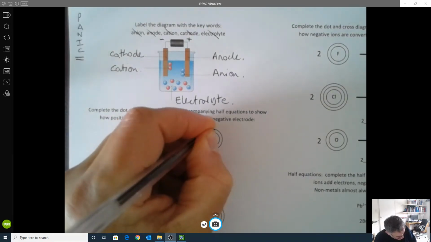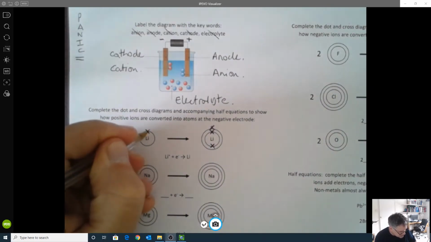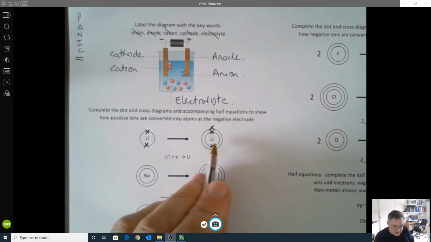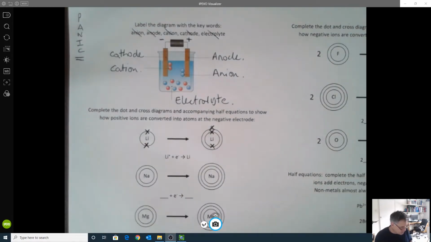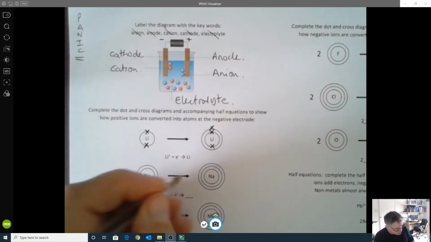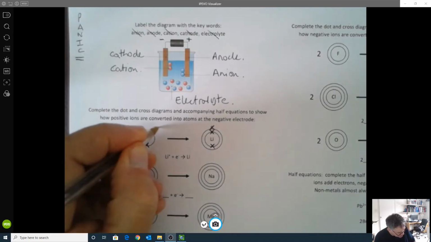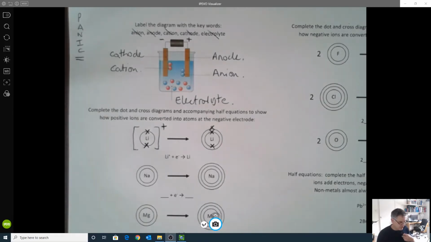But it starts off as a lithium ion, and that's going to have 2 electrons. In the past, we've talked about how we turn lithium atom into lithium ion. But in the half equation, we want to go from the lithium ion, which has got a 1 plus charge. So I draw it in square brackets with a plus. I want to go from Li+ to Li, and that's what happens there.